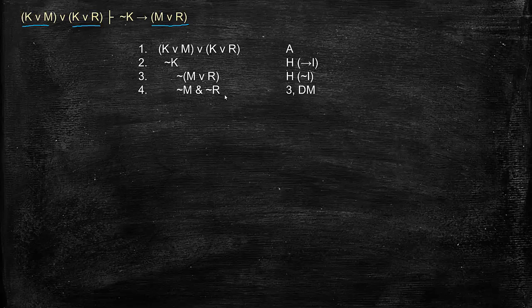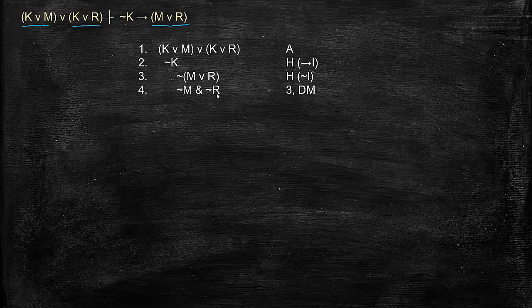Well, now what could you do? What could you do with not M and not R? You've got not M, you've got not R, and you've got not K, remember, right? So what if you put not K and not M together, or alternatively not K and not R together?